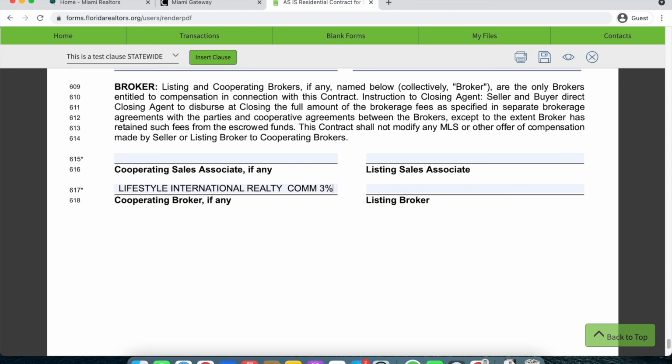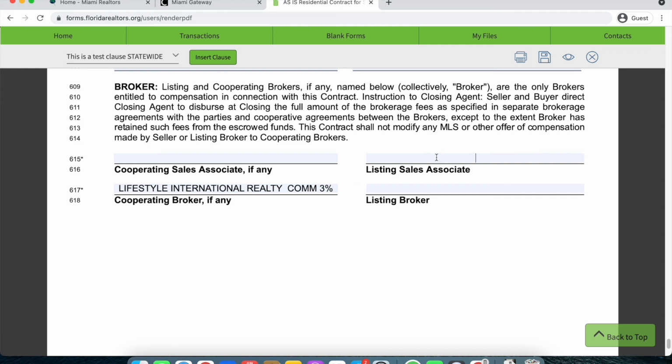The reason I print the MLS sheet the day I show the property is because when I go to submit this offer, if I showed it and it said that it was 3%, and the next day they lowered the commission on that to 2%, guess what? I have the date that I showed the property, and I have the MLS listing. They owe me the 3% because that was advertised on MLS at the time that I did the showing. So always protect yourself just in case commission is changed.